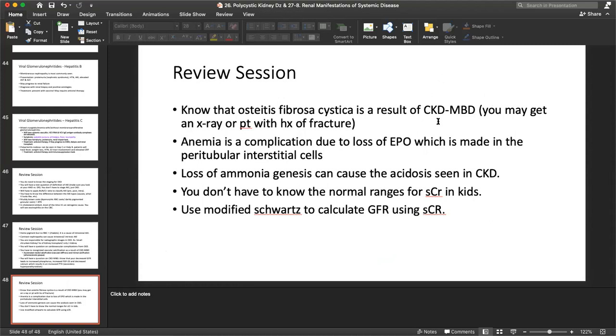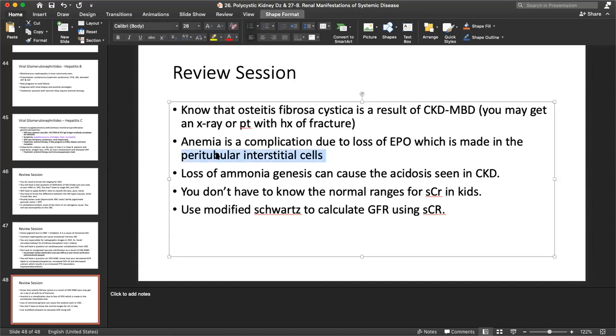Along the lines of CKD MVD, know that you may get an X-ray of a patient with a history of fracture, and know that osteitis fibrosa cystica is a result. Anemia is a complication of loss of EPO made in the peritubular interstitial cells. Make sure that you know where they're located.